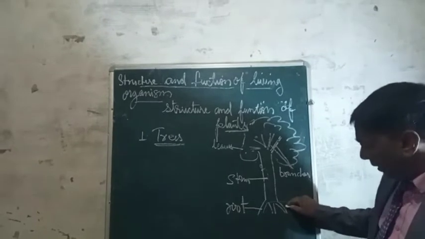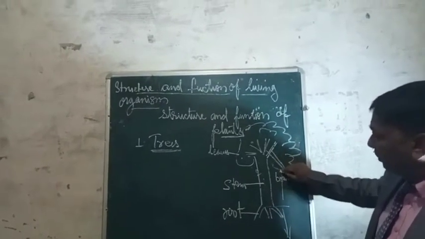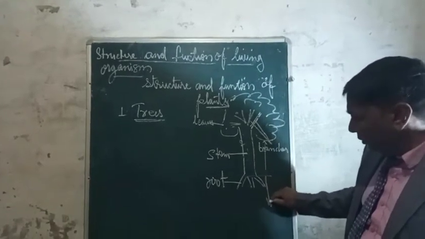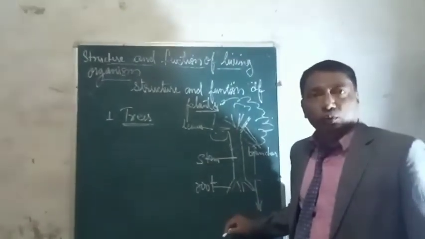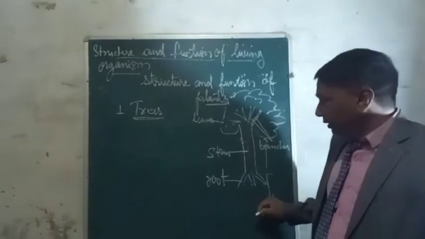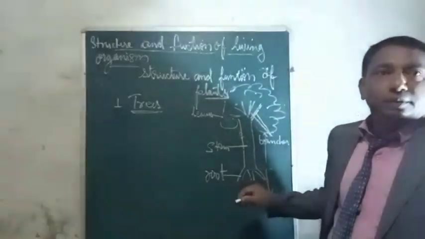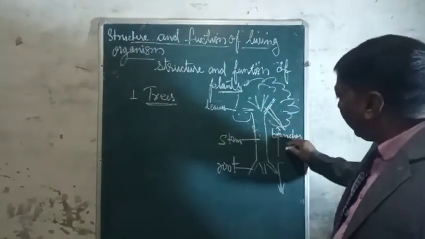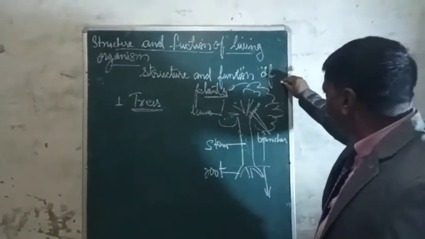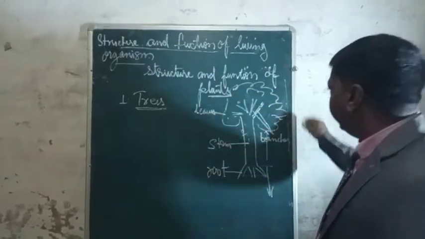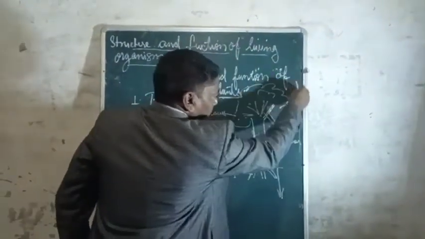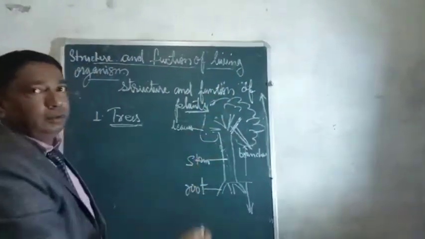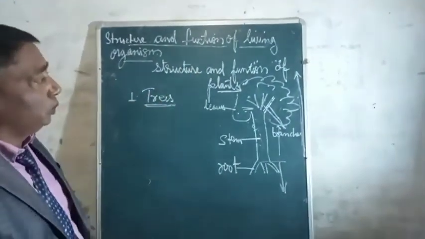One part is under the ground, the other part above the ground. The part that goes under the ground is known as the root. The part above the ground is known as the shoot.